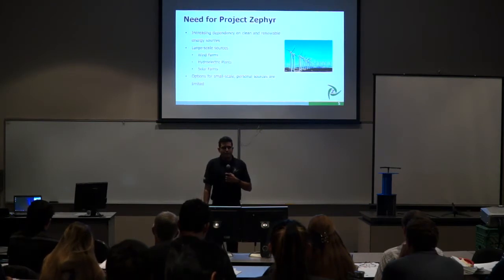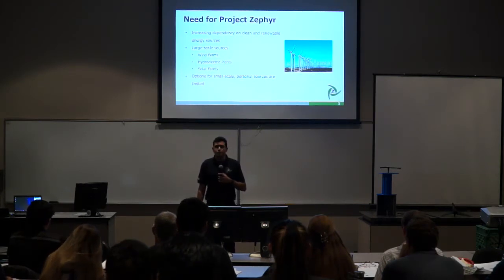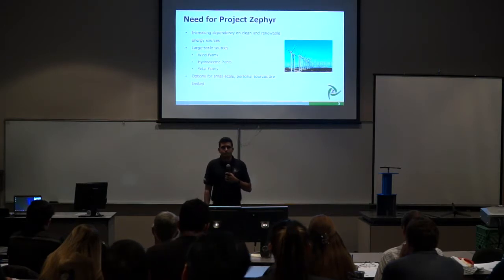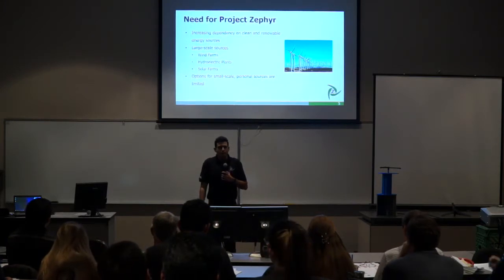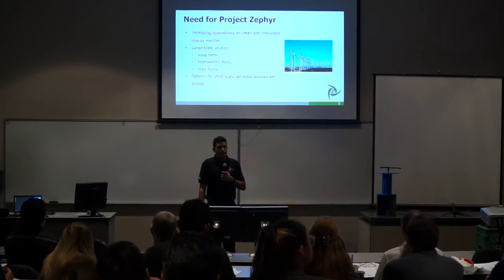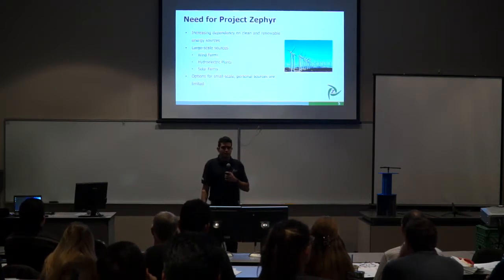For the better part of a century, the world has been dependent on non-renewable energy resources, such as coal and petroleum. Slowly, there has been a shift to a more sustainable future of energy, as alternative energy sources have become more common. With this shift to alternative energy, there's been an influx of large-scale sustainable energy sources.